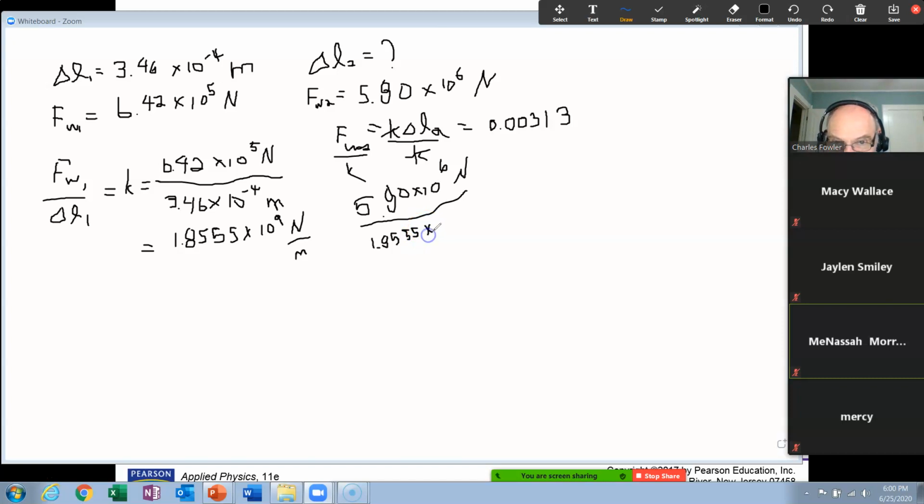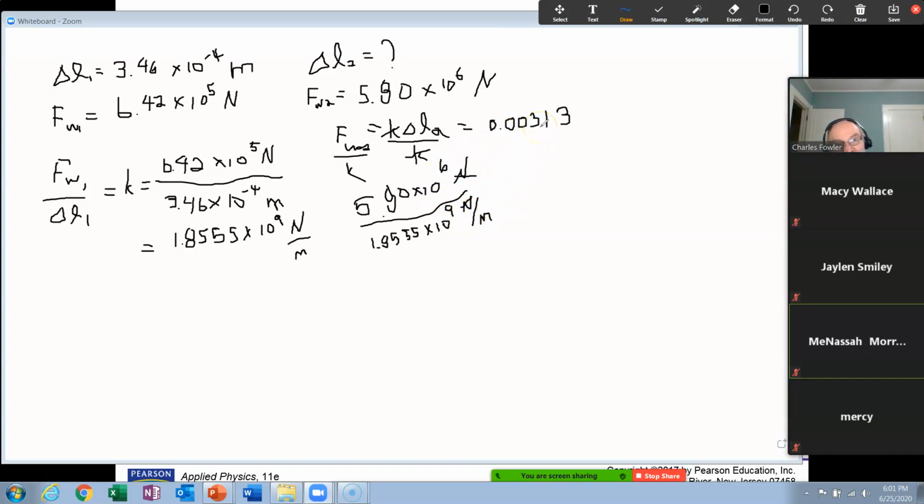Times 10 to the 9th, and that would be newtons per meter. Okay, and here the newtons cancel out. 5.8 divided by something around 2 is going to be something more than 2.5, and that's going to be your 3.1. And then you see it's 10 to the minus 3, because 6 minus 9 is negative 3.